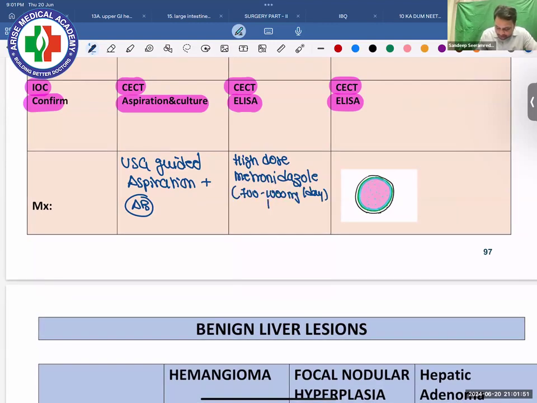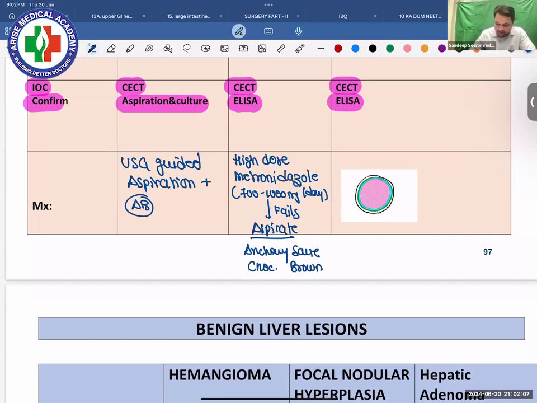If it fails, then aspirate. And on aspirate, you see a very characteristic presentation, that is what we call the anchovy sauce appearance, which is chocolate brown in color.